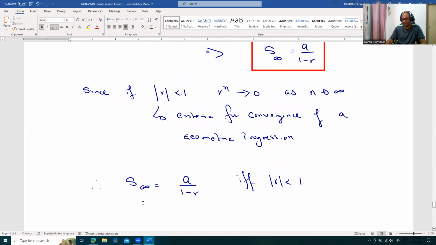Ça veut dire the sum of an infinite geometric progression series where the modulus of the common ratio is less than 1 is equal to A, first term, divided by 1 minus R. Bon, bien sûr, if and only if modulus of the common ratio is less than 1.